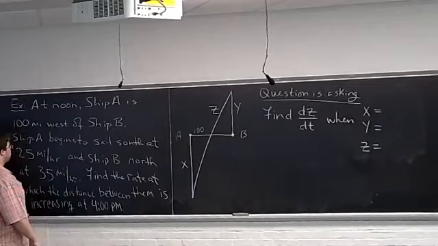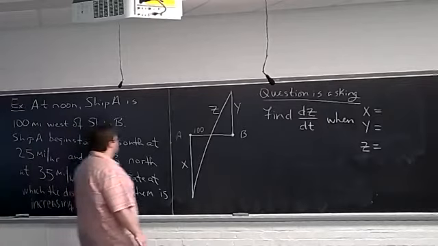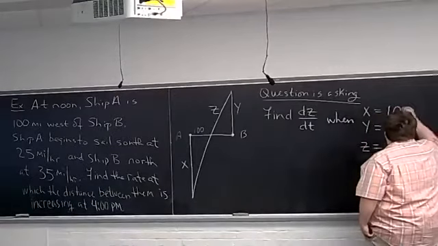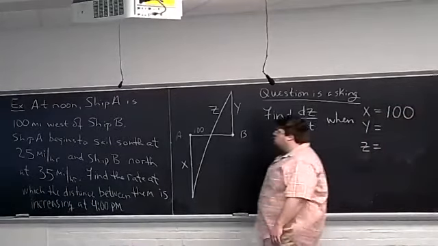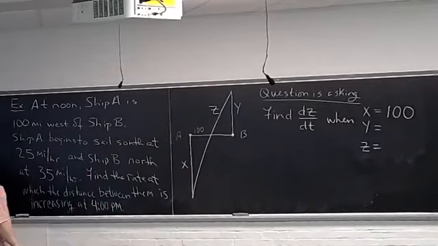After 4 hours, how far has ship A traveled south? Well, it's going south at 25 miles per hour. 25 miles per hour, 4 hours gives you 100 miles. Any questions about finding X at 4 p.m.?